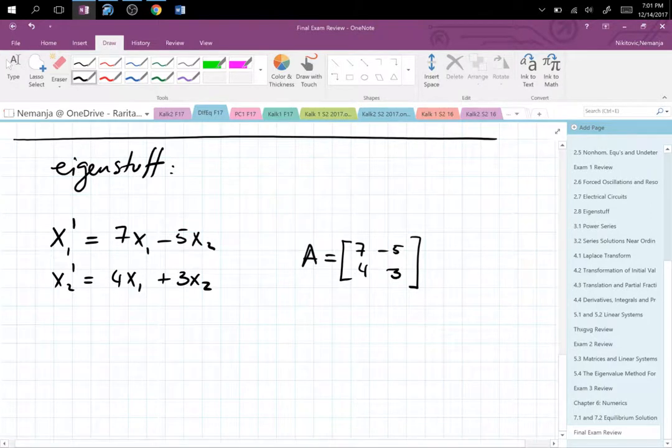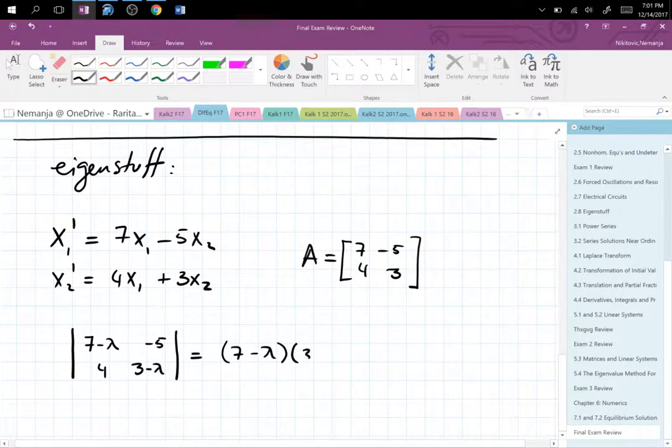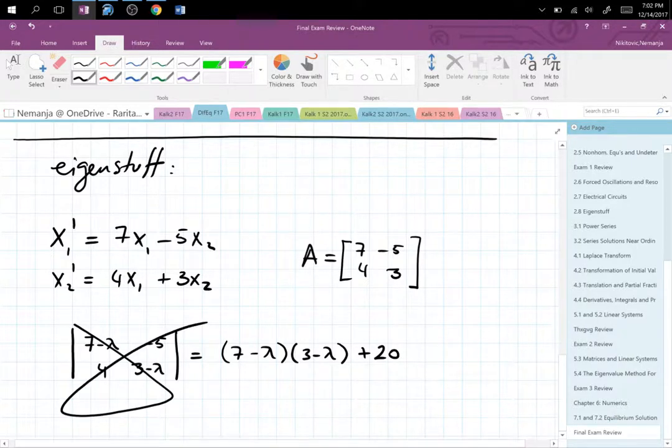We need to find the determinant of 7 minus lambda, negative 5, 4, 3 minus lambda. So that's going to be 7 minus lambda times 3 minus lambda, and then plus 20, because when you go to the other diagonal it's minus, right? So minus is plus.